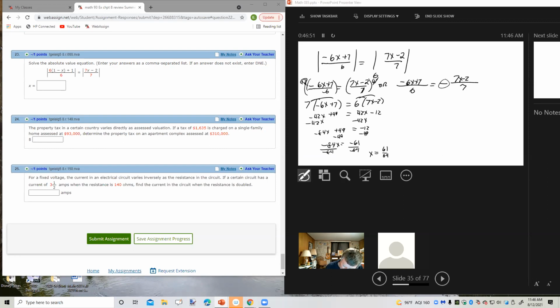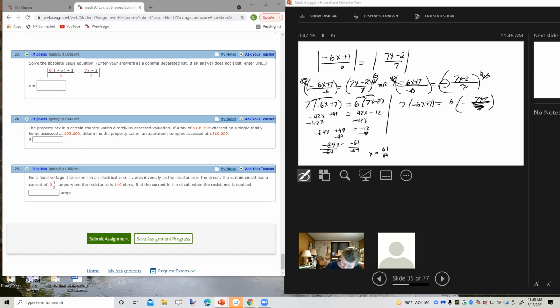Second one, I've got, let's see, I'm going to multiply both sides by 42. So over here, I get 7 times negative 6x plus 7. And over here, I get 6 times, and then a negative outside. Oh, the 7's gone now.